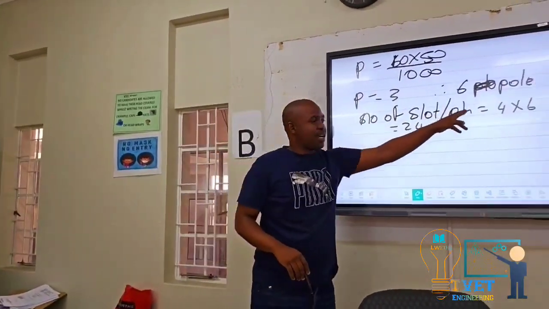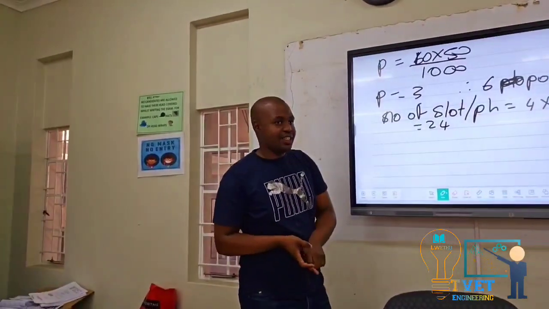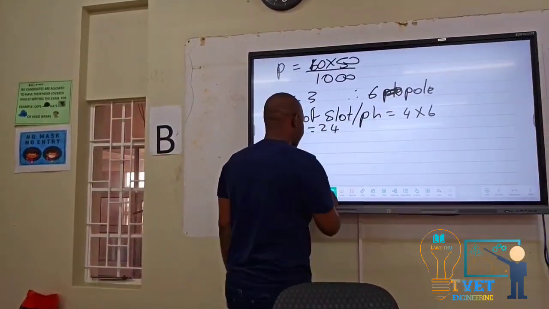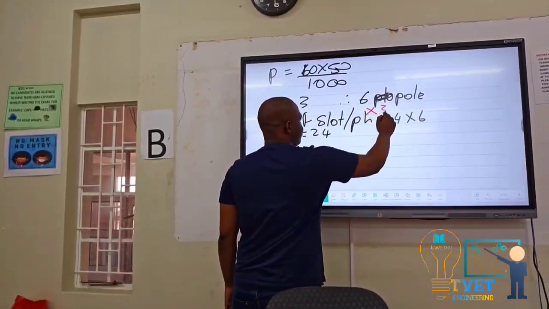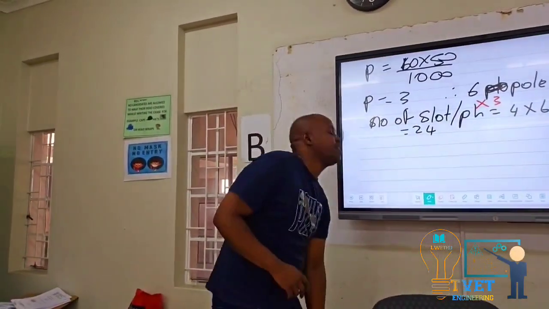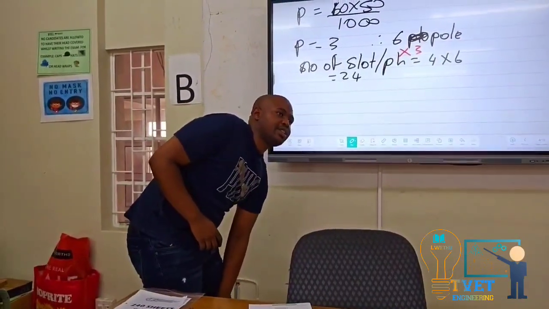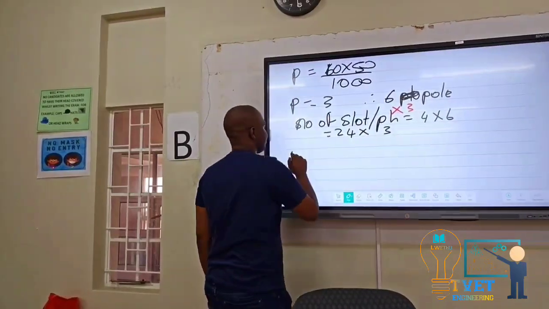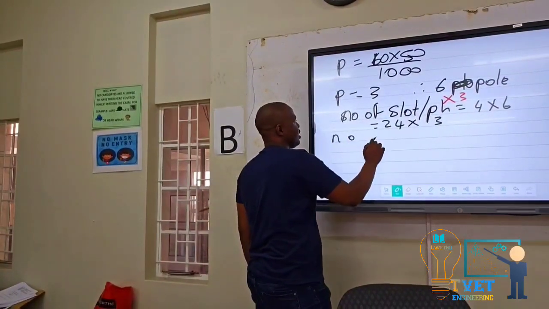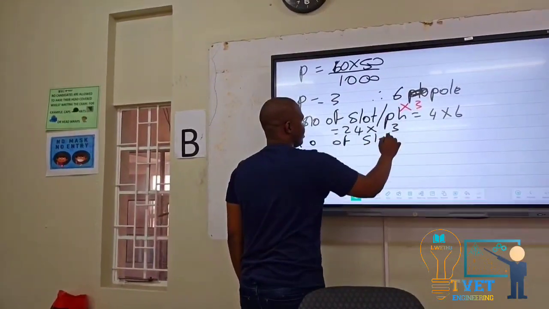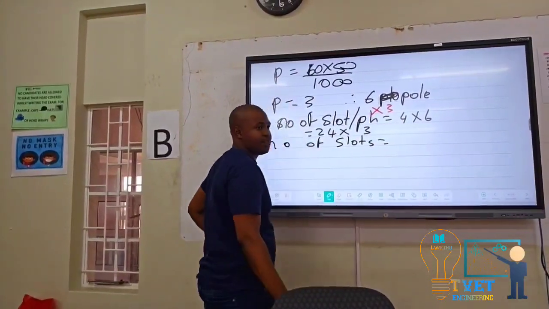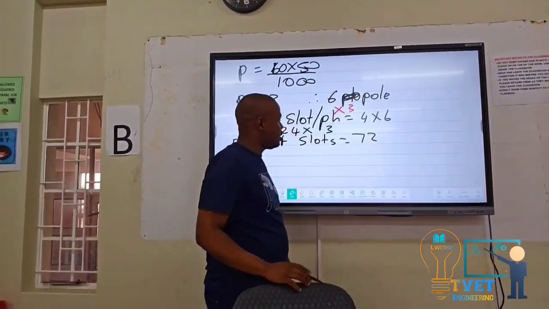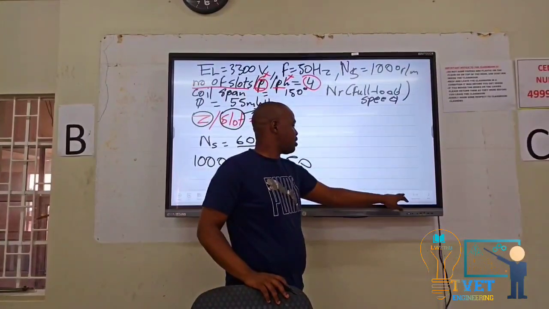Then I need to multiply by the number of phases. How many phases do we have? We are dealing with a 3-phase question. So there are 3 phases. Then I get the total number of slots, 72.